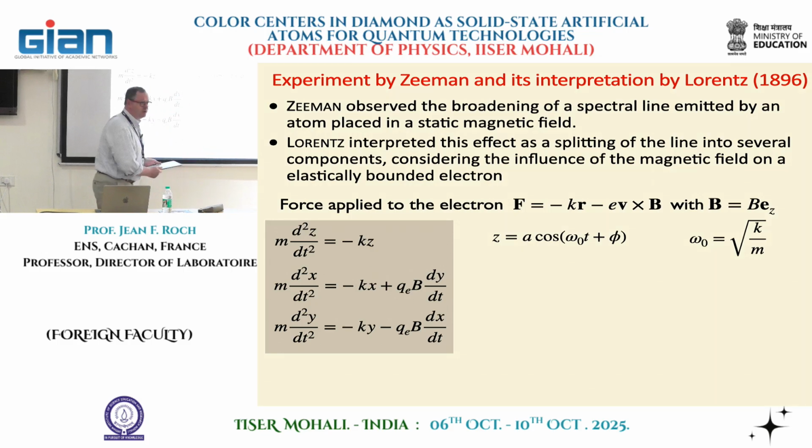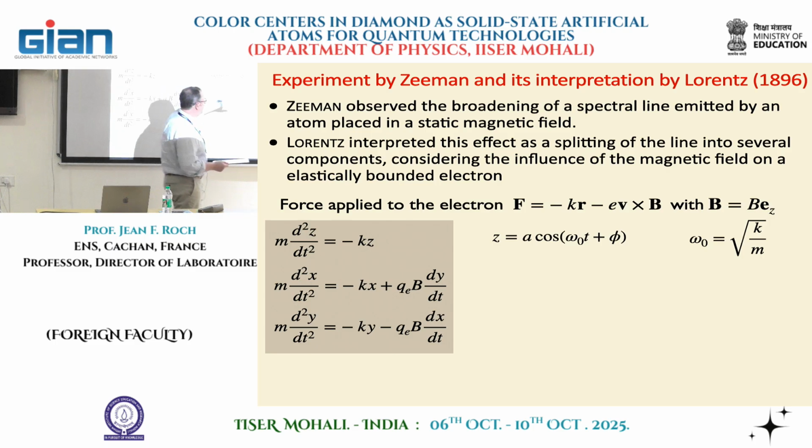There is of course just an oscillating electron at the frequency omega equals the square root of k, the constant that binds the electron in the system, divided by the mass of the electron.